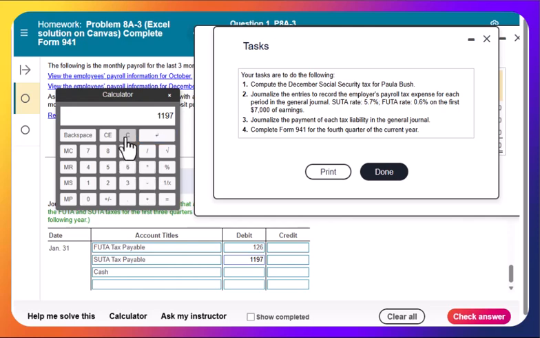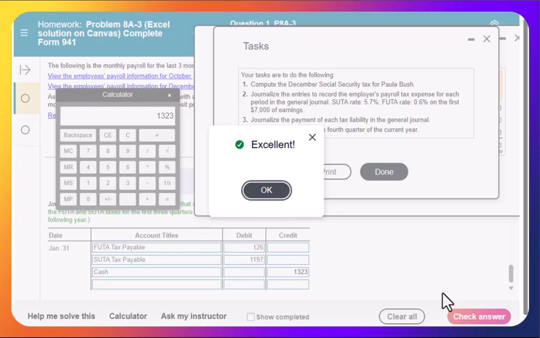And then to balance that transaction, we'll see how much cash we need to pay in order to get those payables out of there. And that's going to be a total of 1,323. And you can go ahead and click in the cell and populate that for cash. And we are crediting cash because we are decreasing cash in order to pay these payables here from the end of the year. Go ahead and check our answer.